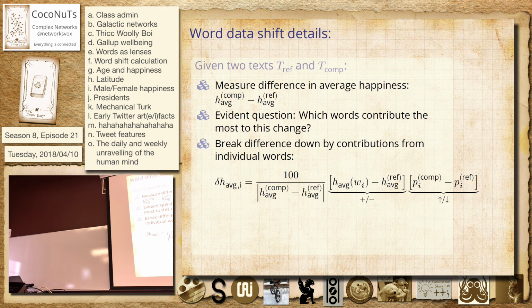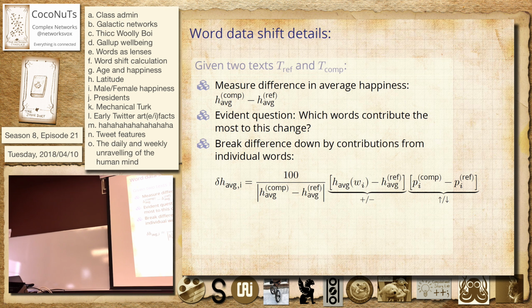So these little symbols will appear over and over, and the idea is this means the word is being used more if this is positive, right? So this is in the comparison text. If this is positive, this probability is greater than this one. So there's more of that word in the comparison text. So that's going to be an up. It's going to be down if it's used less. So that's two ways that could go.